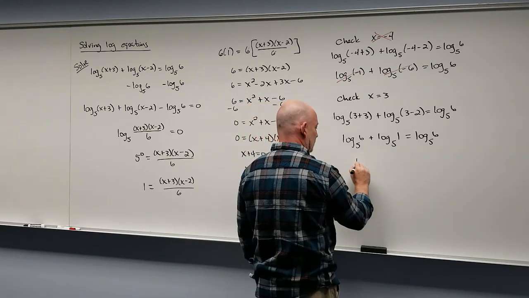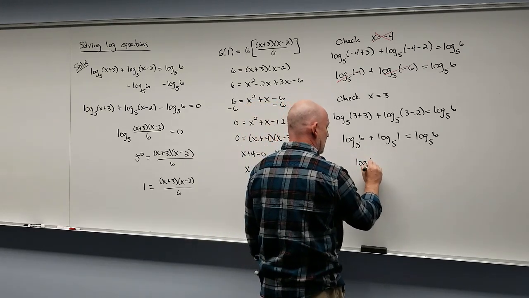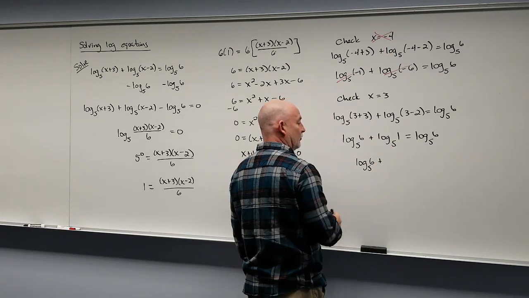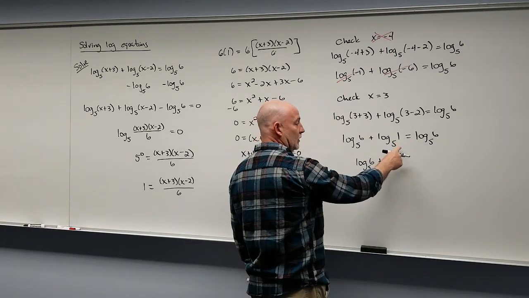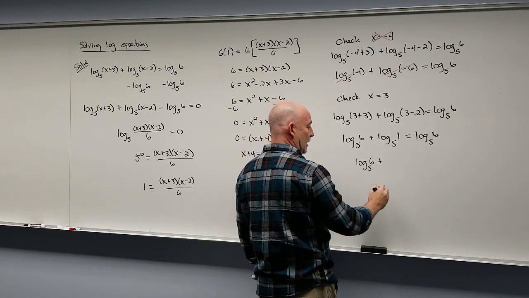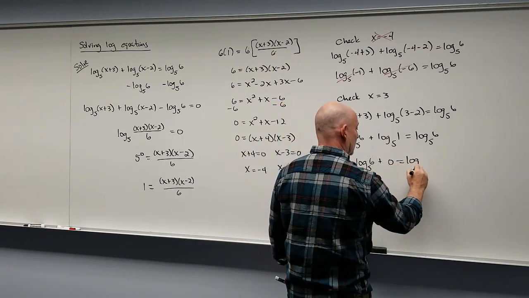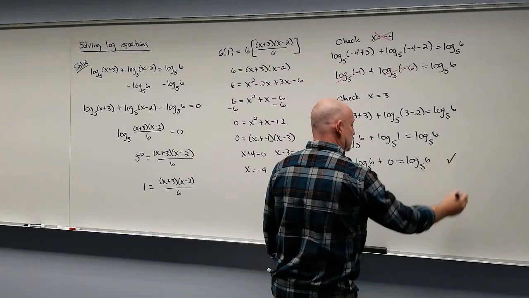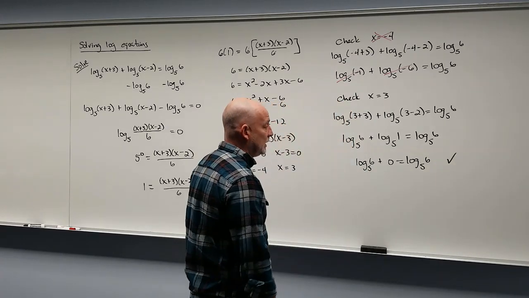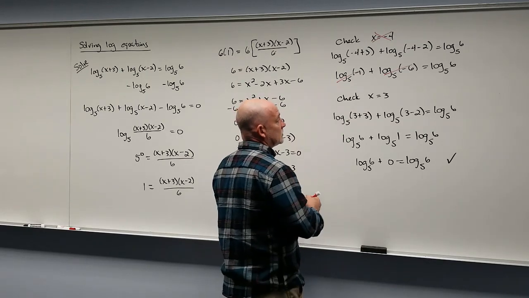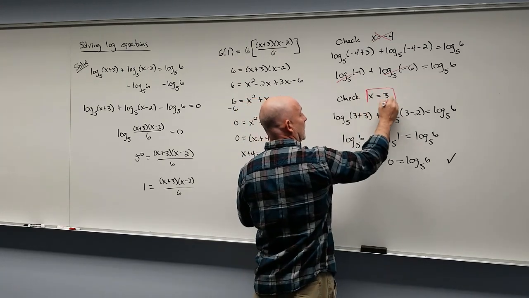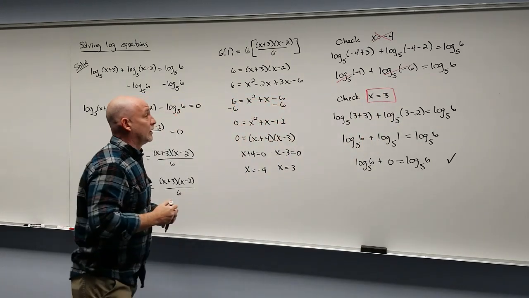I have no idea what log base 5 of 6 is, but I do know what log base 5 of 1 is. Log any base of 1 is 0, because anything raised to the 0 power is 1. So we get log base 5 of 6. All right, so that checks, right? Log base 5 of 6 equals log base 5 of 6. So we do have one answer to this particular problem, and it is x equals 3.